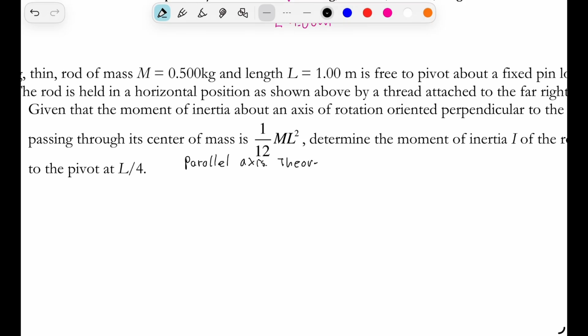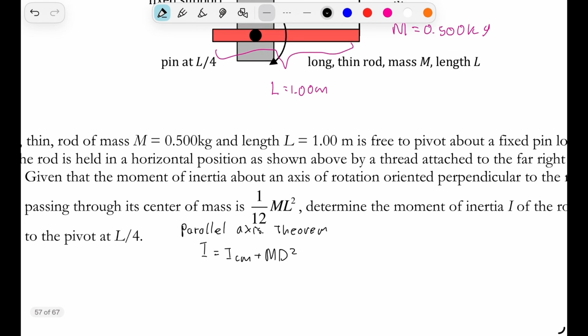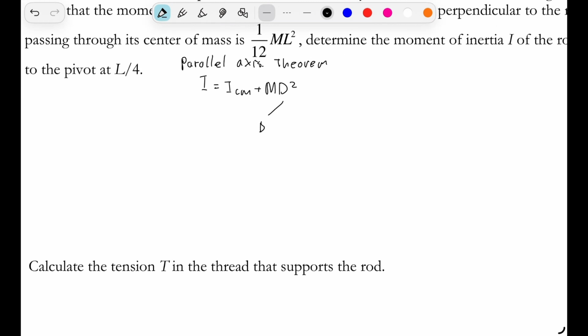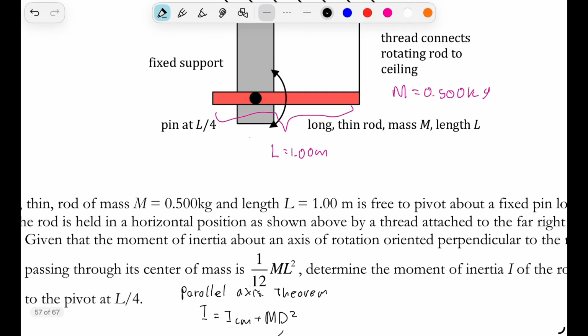So we know that we can use the parallel axis theorem, which states that I is equal to I of the center of mass plus m times the distance squared. So first we have to find the distance. D is the distance from the center of mass to the pivot.